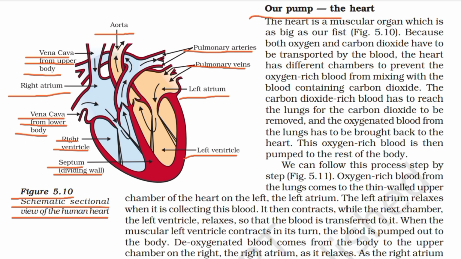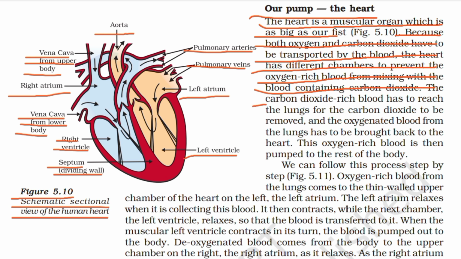Our pump, the heart. The heart is a muscular organ which is as big as our fist because both oxygen and carbon dioxide have to be transported by the blood. The heart has different chambers to prevent the oxygen-rich blood from mixing with the blood containing carbon dioxide.